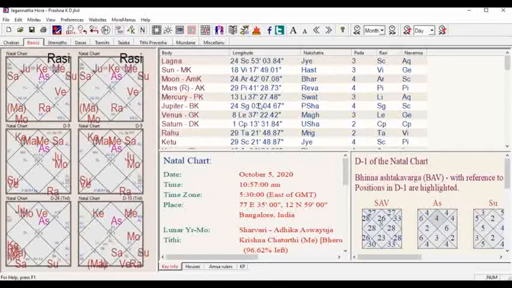So I'm trying to take you there, how I interpreted the chart. Ketu is in Jyestha Nakshatra and Lagna Lord is also in Jyestha Nakshatra prominently. And it means there is something associated with the 12th house. Mercury is there.